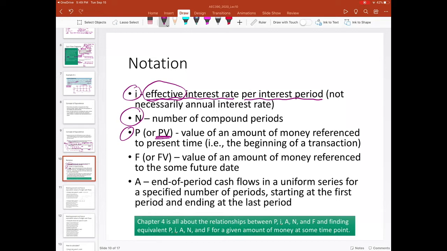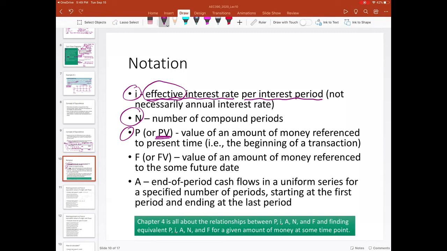Remember, we said we want to convert the cash flows to some single value so that you can compare, right? That single value needs a time spot. It could be a value at present. It could be a value of money in the future. It also could be the value of money at the end of every interest period. But you always want to convert all the cash flows to the same time spot so that the single values can be comparable.